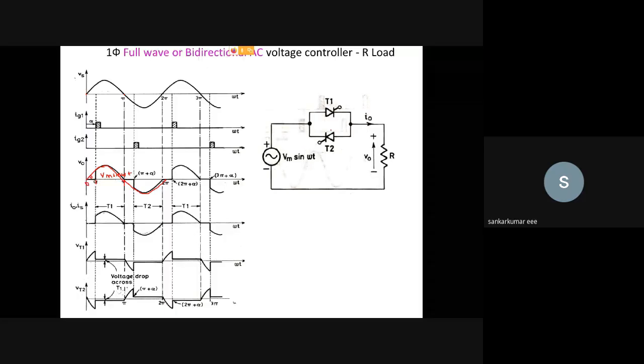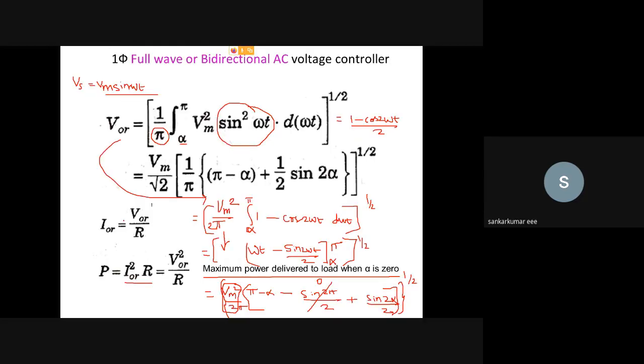So if alpha is equal to 0 we will get a continuous sine waveform of maximum voltage. If it is maximum voltage, the current will also be maximum. If both voltage and current are maximum, the power delivered to the load will be maximum. So the maximum power will be delivered to the load when alpha is 0.